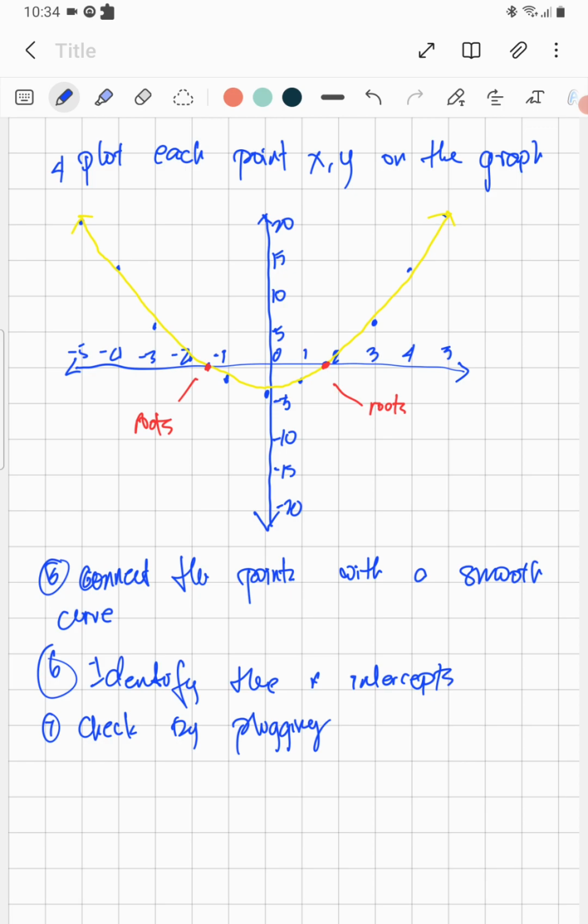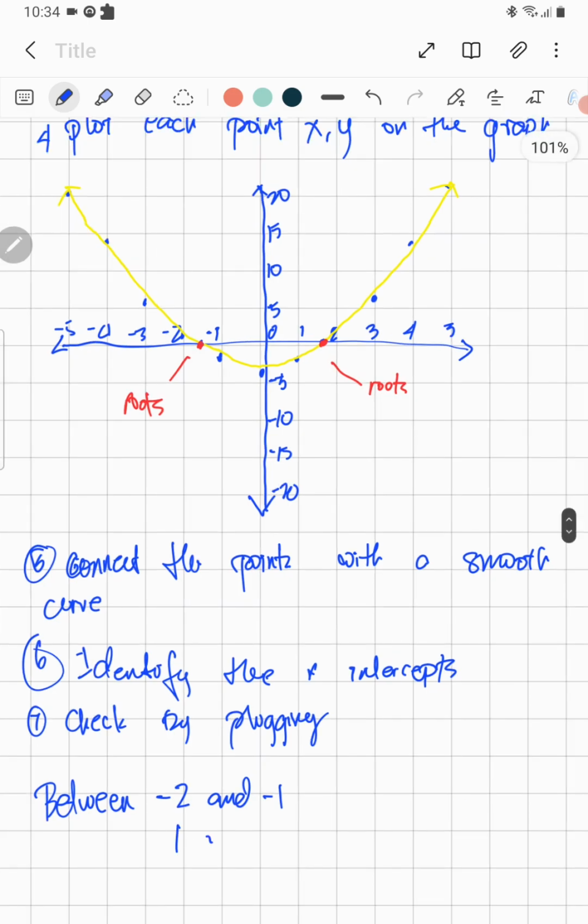But in this case, we already know that the roots of our equation would be between -2 and -1, as well as between 1 and 2.